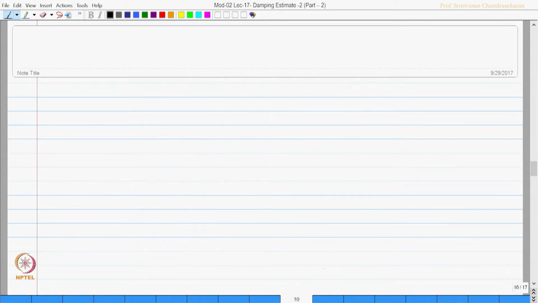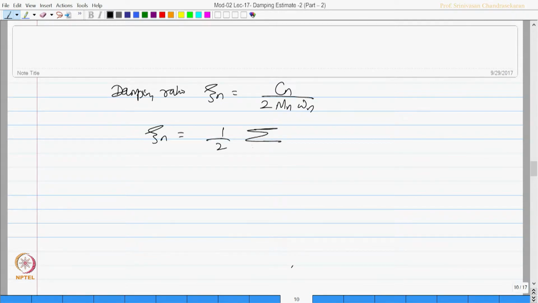Now, damping ratio zeta n is given by C n by 2 m n omega n. So, zeta n is now going to be half of summation of L equals 0 to n minus 1 A L omega n 2 L minus 1, equation 12.